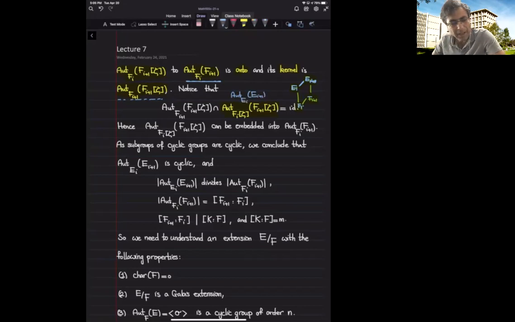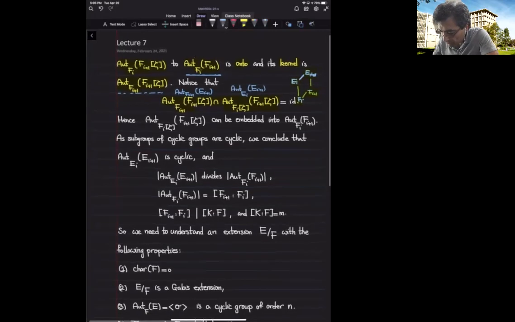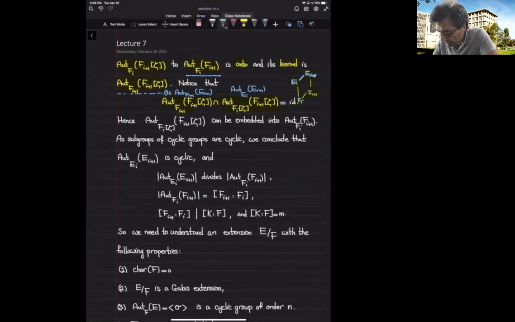So an E_i-linear automorphism of E_{i+1}, if I intersect it with the kernel of the map that we have, the kernel is this guy, so F_{i+1}-automorphisms of E_{i+1}. This means what? If something belongs to the intersection, let's suppose theta belongs to the intersection.